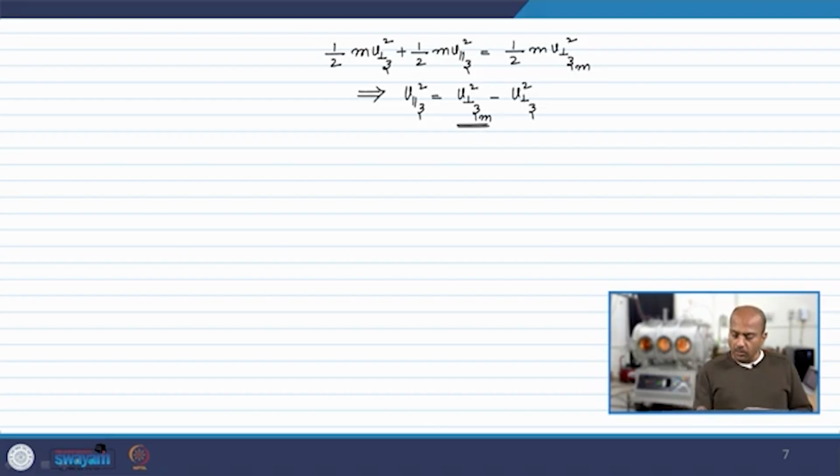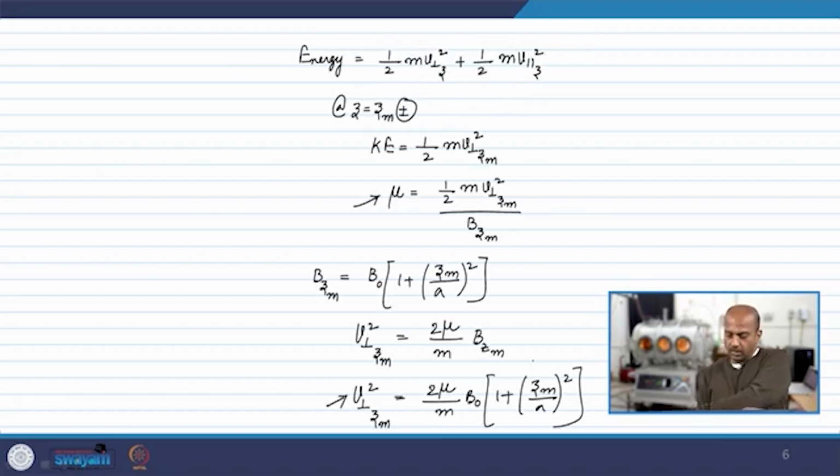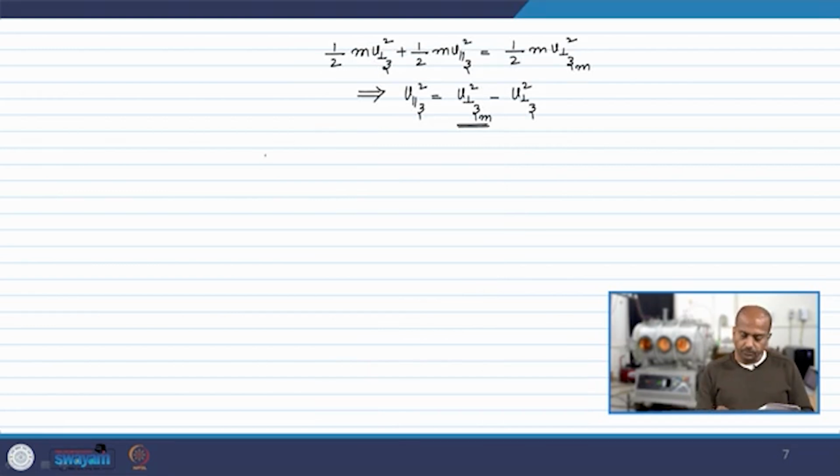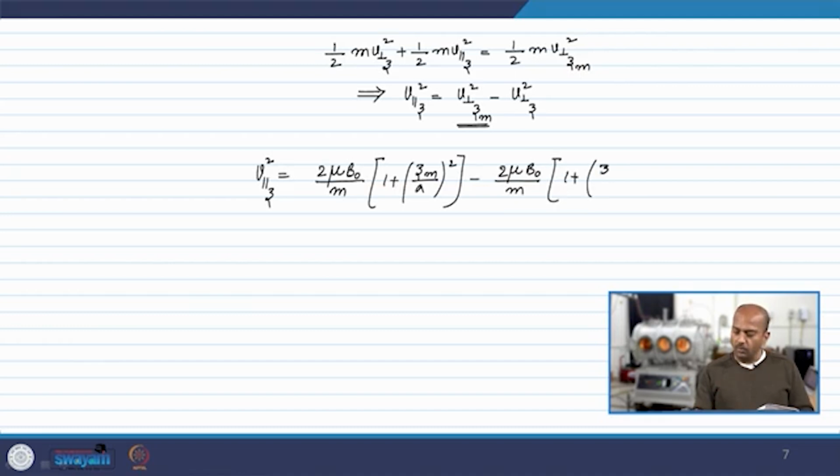Now, using this from the earlier expression, we can write v parallel z square is equal to 2 mu B naught by m times 1 plus zm by a whole square, minus 2 mu B naught by m times 1 plus z by a whole square.